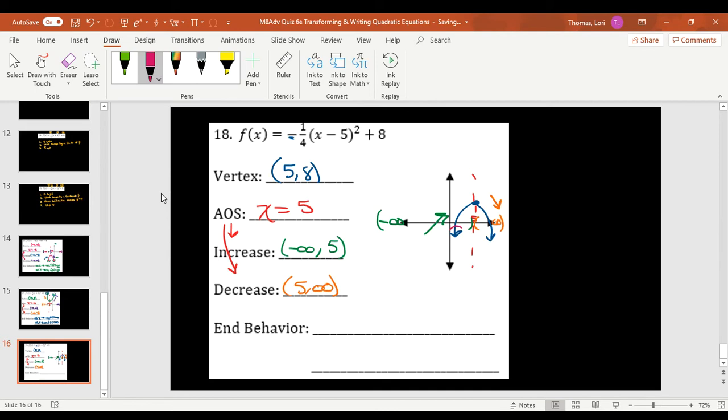My end behavior is turning down. As x approaches negative infinity, f of x approaches negative infinity. As x approaches positive infinity, f of x approaches negative infinity. Again, both of these are going down.